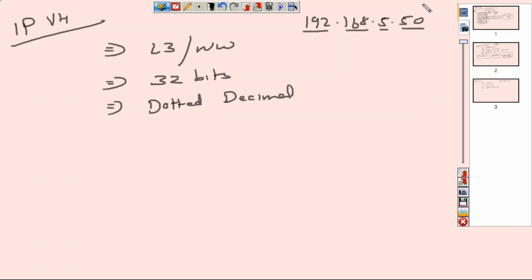Well, if we know that there are a total of 32 bits divided by 4 sections, that should be what? 8 bits, right? So each of the sections of 8 bits is separated by a dot, and we call this octets. So we have basically 4 octets. Octa is 8, right?